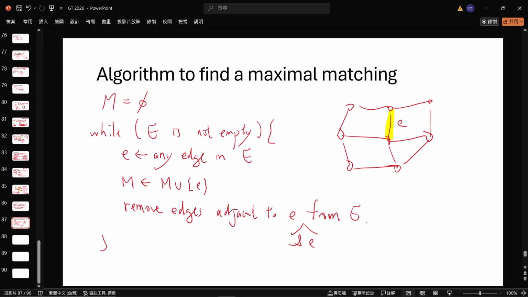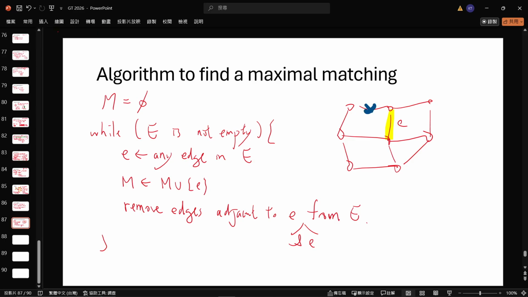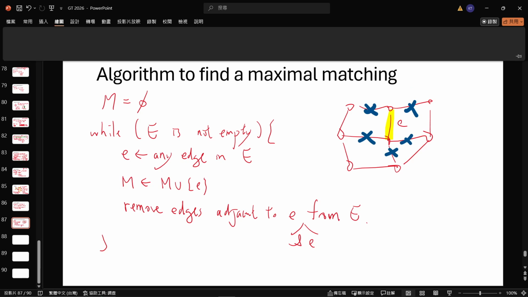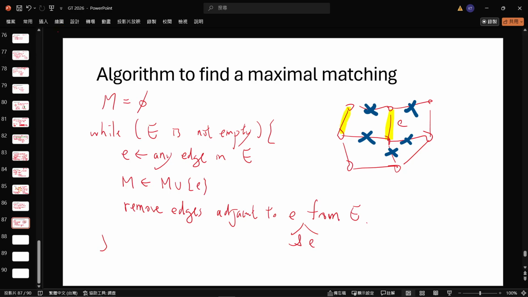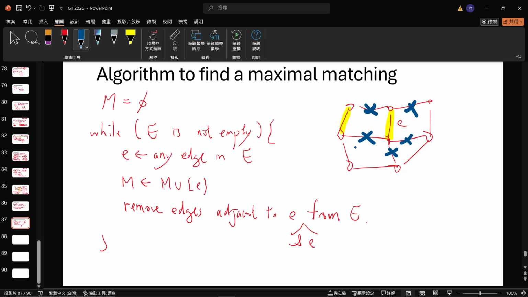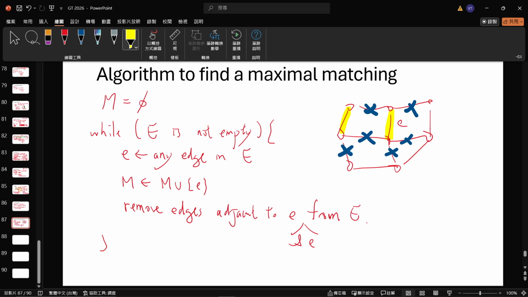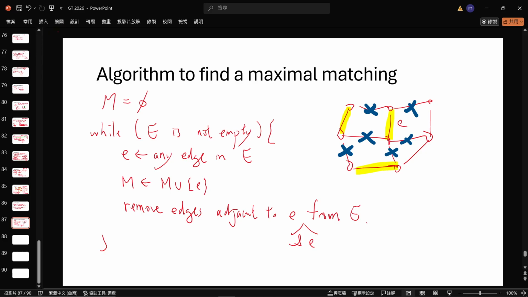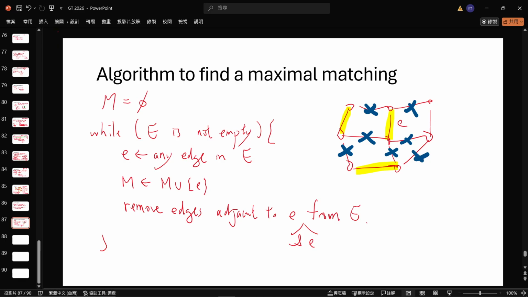Okay, so if I apply this algorithm, then this one, this one, this one, this one, and this one are gone, okay? And next I can choose, for example, this yellow edge, so I have to further remove this one, okay? And then I can choose this edge, then I have to remove this one, and then I can choose this one, okay?